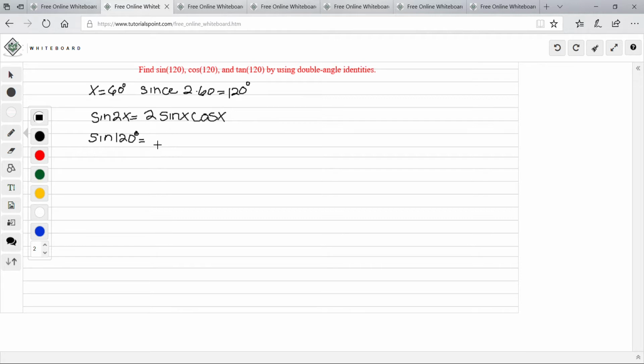Because 2 times 60 is 120, and then 2 sine of x, which is 60 degrees, not 120, times cosine of 60 degrees. So 2 times sine of 60 is root 3 over 2, positive root 3 over 2.